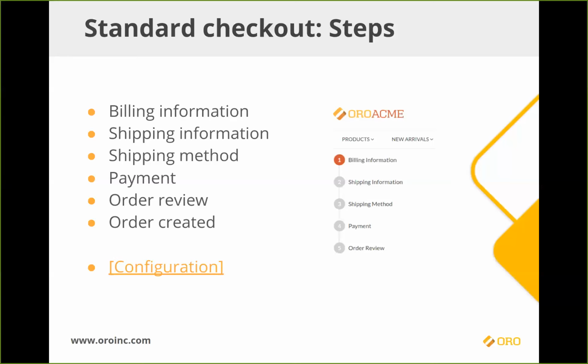Billing information is the billing address, shipping information is the shipping address and shipping method, payment is the payment method, order review is all the additional information which may be needed to submit the checkout, usually optional, and order created is the step where we are informing the customer that the appropriate order has been created.